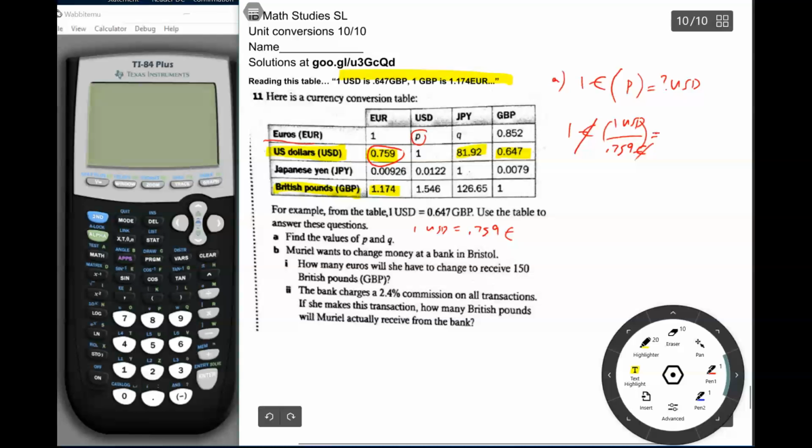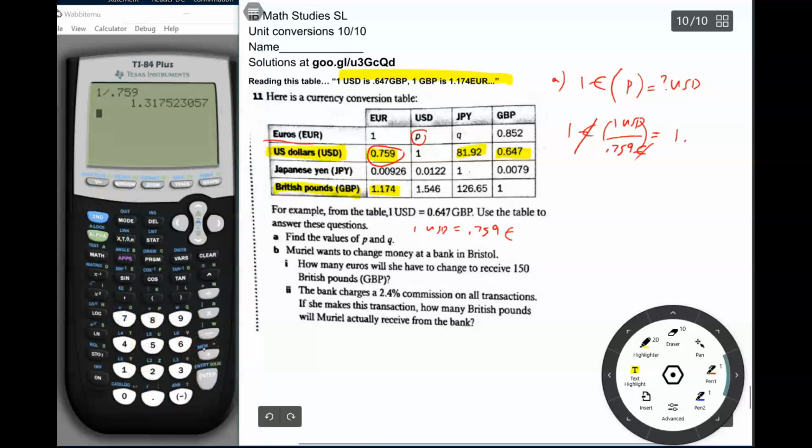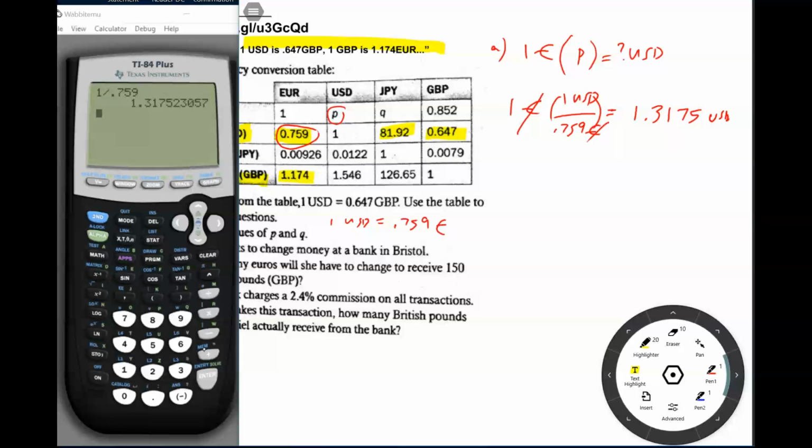So let's use the calculator to figure that out. Okay, so 1 divided by 0.759 is 1.32. Let's give more significant figures because they're giving more than that. So we'll put 1.3175.